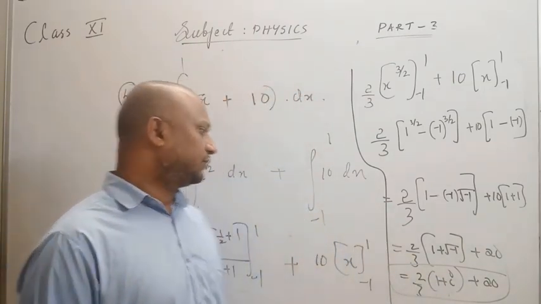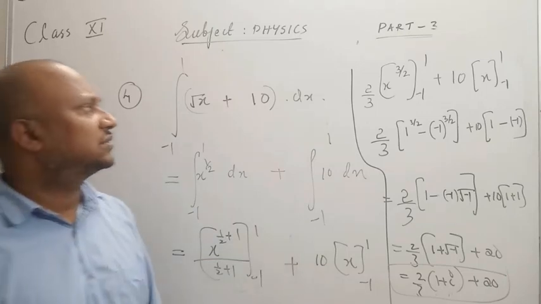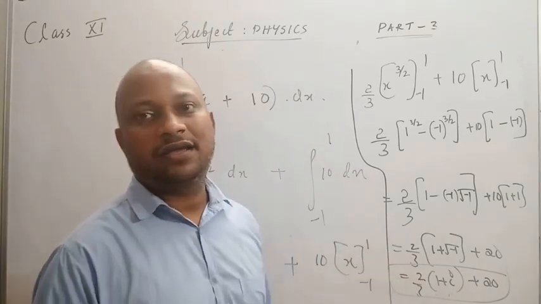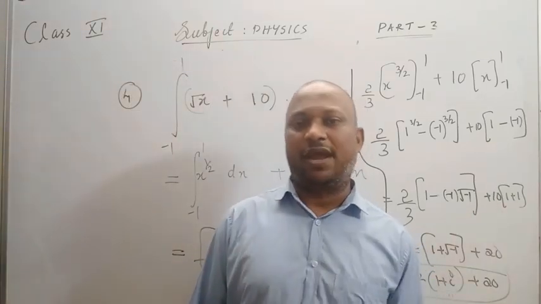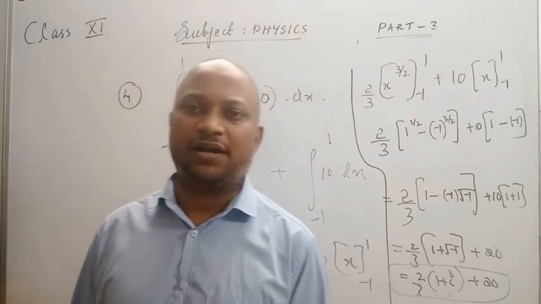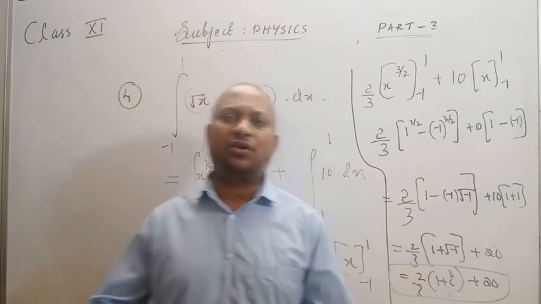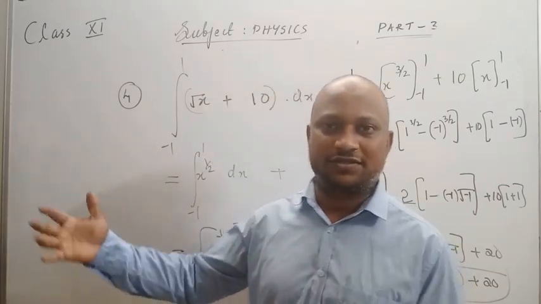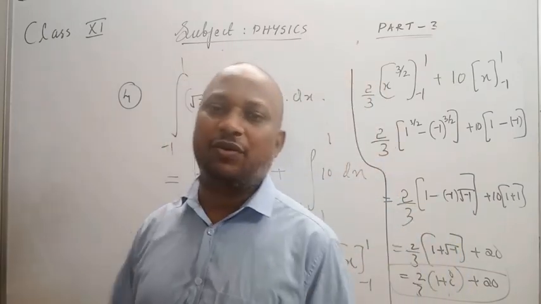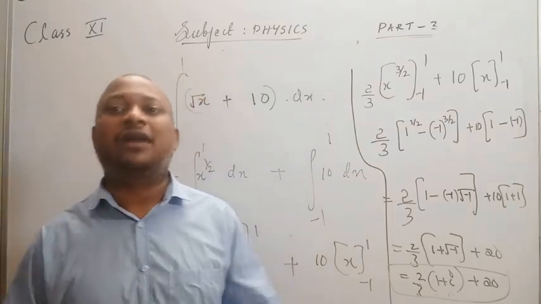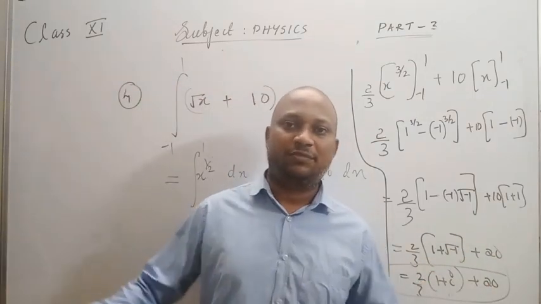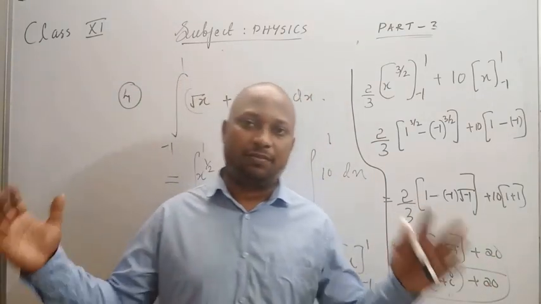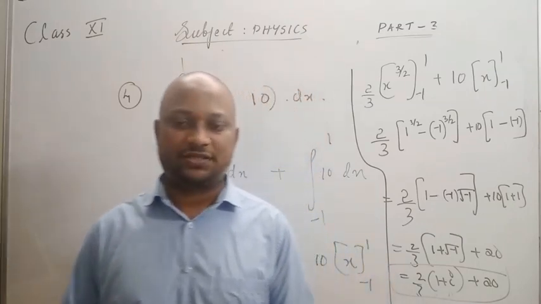So that's all about the integration part, because in integration we are not going deep. Differentiation, okay, we have learned a lot of things, but in differentiation we are not going deep either, because that is not the syllabus of physics.